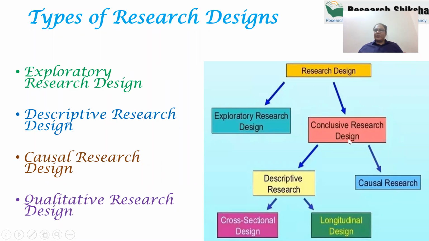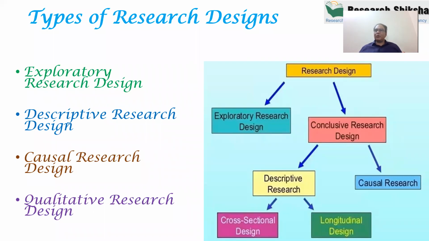In exploratory study, we are going to explore the research problem. And in conclusive research design, we are finding out the conclusion of the research problem. So I repeat, the basic difference between exploratory research design and conclusive research design is that in exploratory research design, we are exploring the research problem.